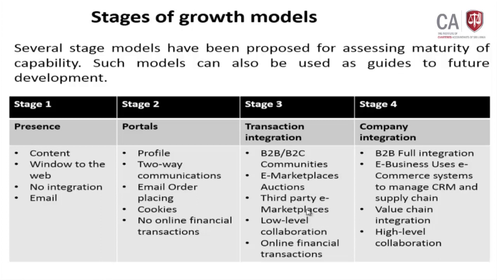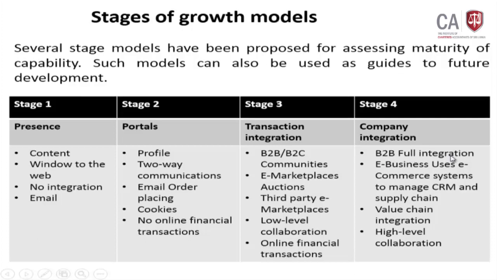Low level collaboration and online financial transactions can happen. So this is the transaction level. Transaction is integrated now. Now we have passed the web presence, which is the availability of the organization. Then the portal, the way of doing that, and also the integration. Then company integration. This is business to business, stage 4.